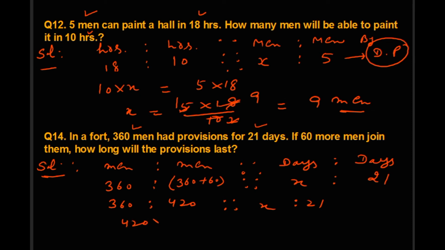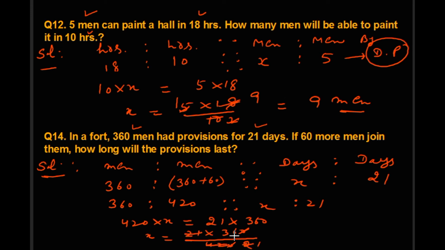So product of means, 420 multiplied by x equal to product of extremes, 21 multiplied by 360. So x would become 21 multiplied by 360 upon 420.